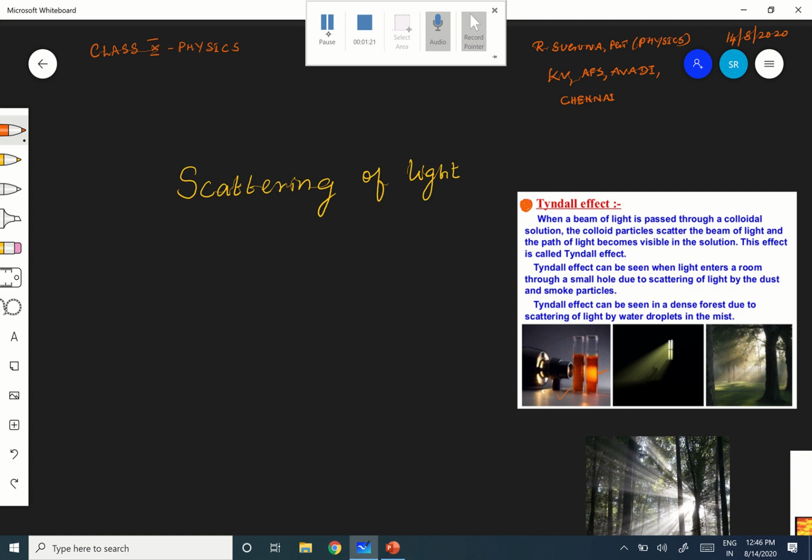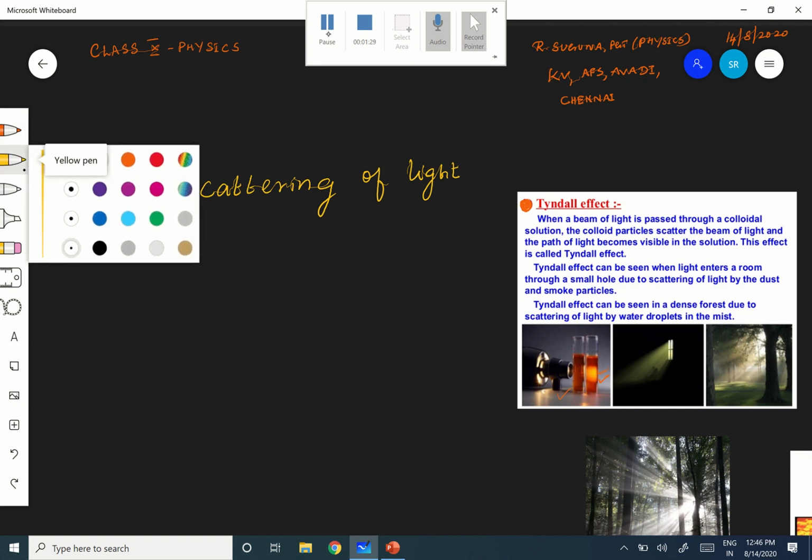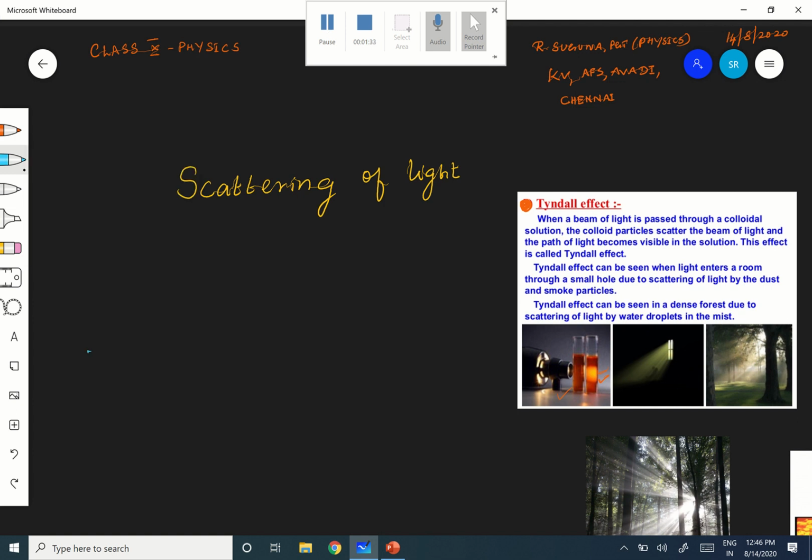If you see here, you can see the path of the light in this case. The path of the light is visible because of scattering, purely because of scattering of light by the colloidal particles in the solution. So this effect is what is called Tyndall effect.